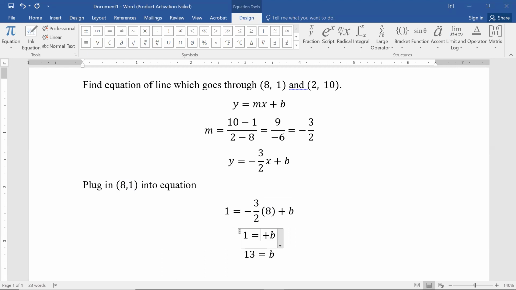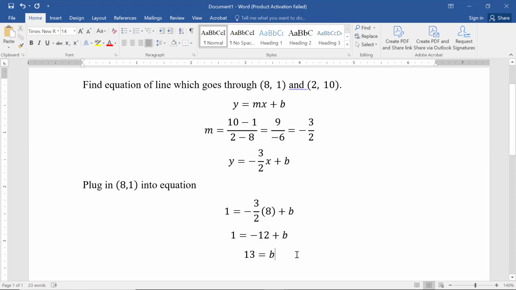And if you take -3/2 times 8, that's -12. So adding 12 to both sides would have also given you 13. So this shows in this example that it doesn't matter which of the 2 points you plug into your equation, it'll give you the same b value.